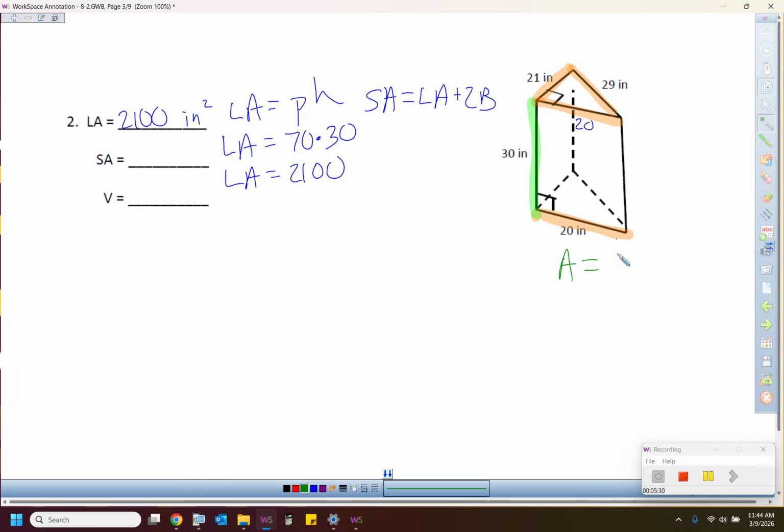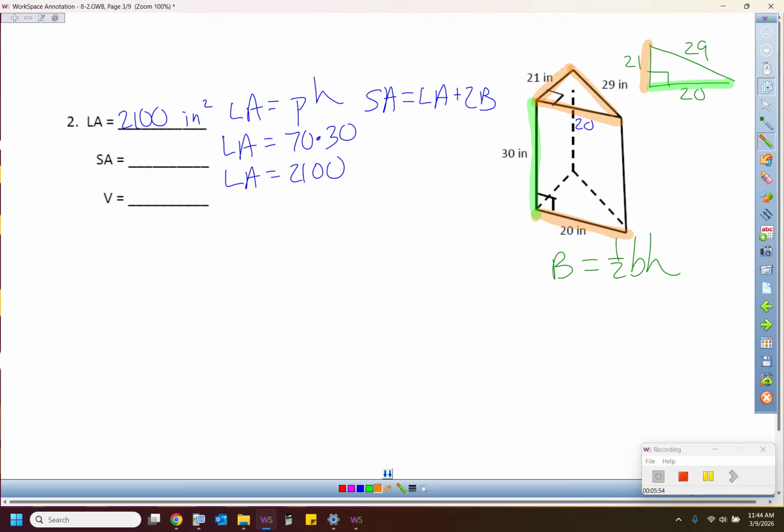Instead of doing A equals 1/2 base times height, which is true, it is the area, I'm going to change it instead of a capital A to be a capital B, because it's for the base area. So when it comes to this triangle, even if you sketched him up and down so you could see him better, don't you totally have a base of 20 and a height of 21 on that triangle?